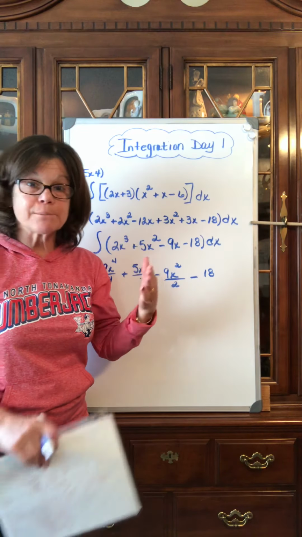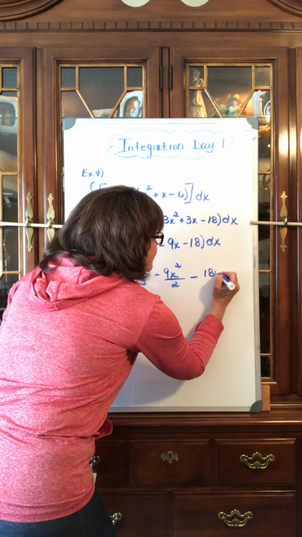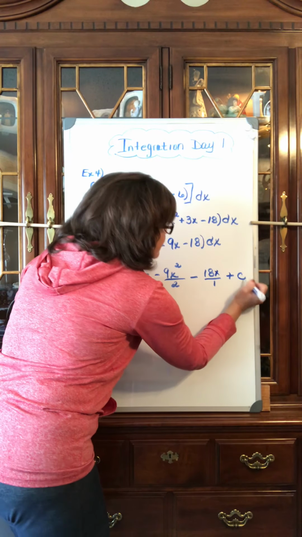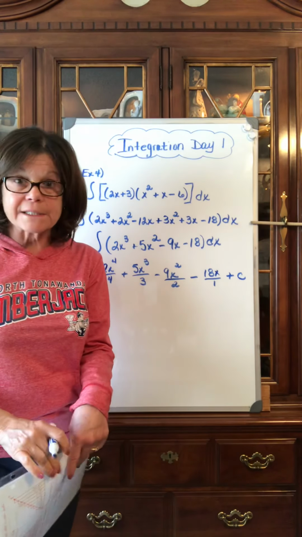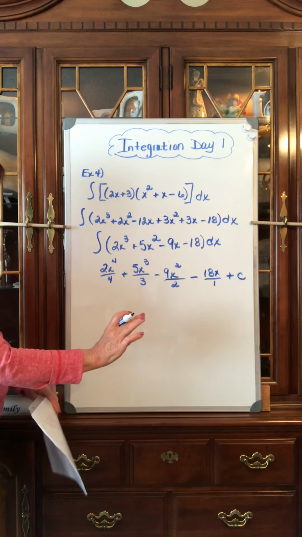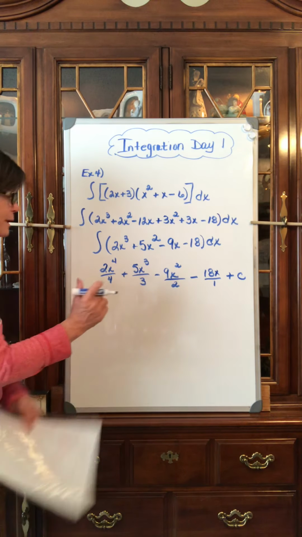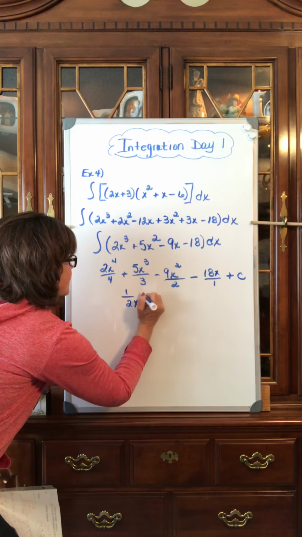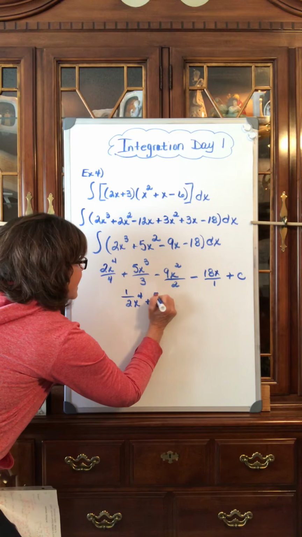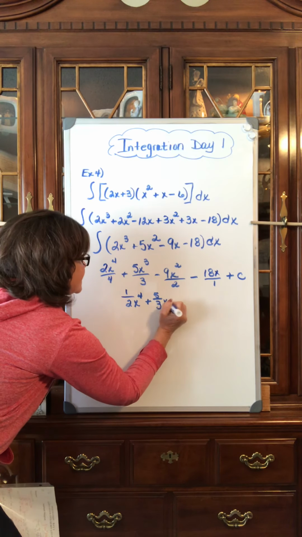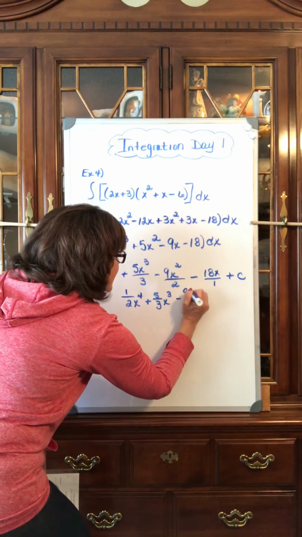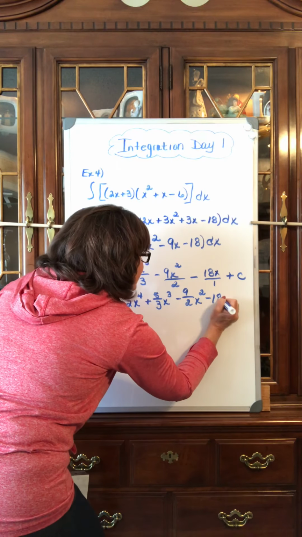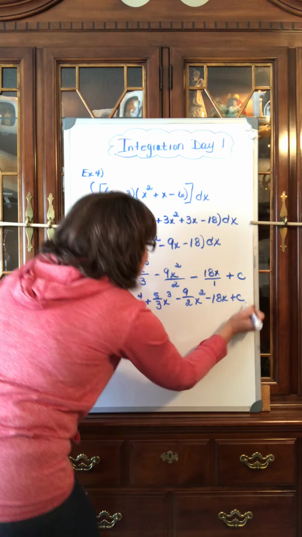So when I bring that exponent up by 1, it'll be negative 18x raised to the first divided by 1 plus c, because our original function could have a constant. And then we just have to finish by simplifying everything. So the indefinite integral is 1/2 x raised to the 4th plus 5/3 x cubed minus 9/2 x squared minus 18x plus c.